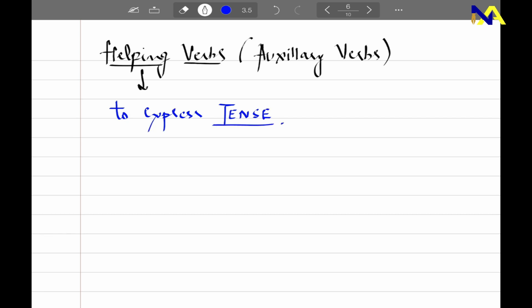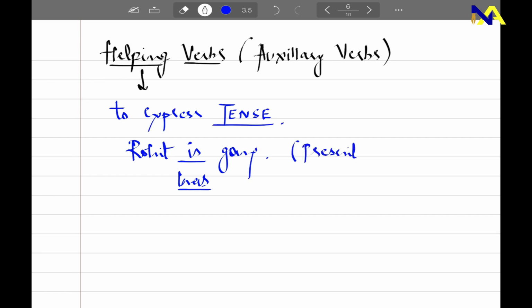In the last sentence we said Rohit is going for a walk. Anyways, let it be just Rohit is going. Had it been Rohit was going, so here from the present scenario this would have become past. So you understand that helping verbs are important to express tenses.